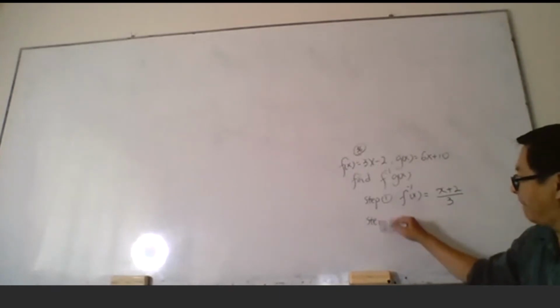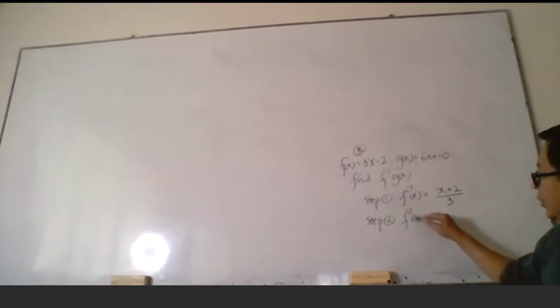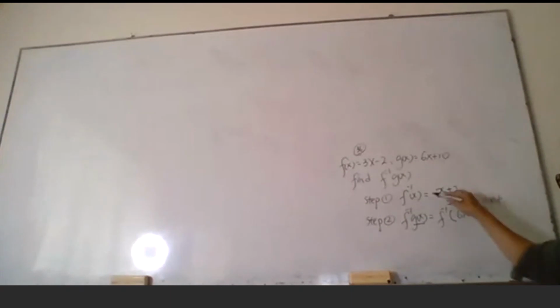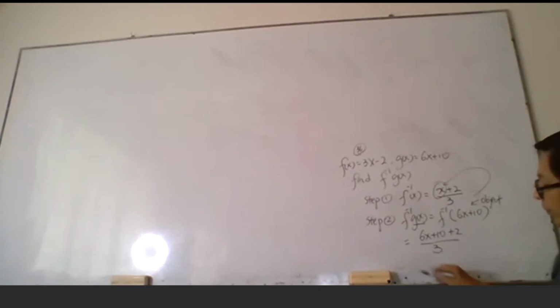And step 2, f inverse g(x) will be f inverse of g(x), which represents 6x plus 10. And this is my object, and we put it into the inverse here. So you get 6x plus 10 plus 2, over 3.